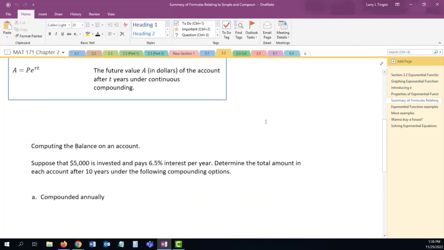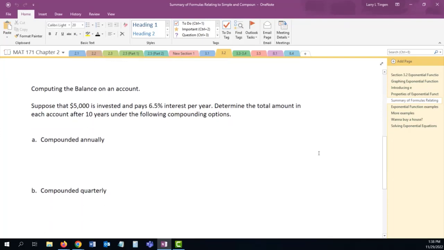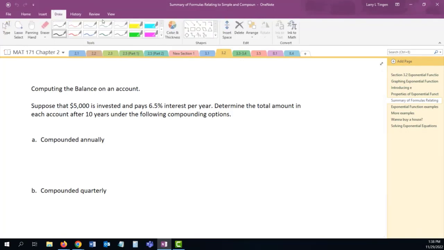So with that in mind, let's take a look at future values for a $5,000 investment that pays 6.5% interest per year. How much money do we have after 10 years? Let's run the point home.